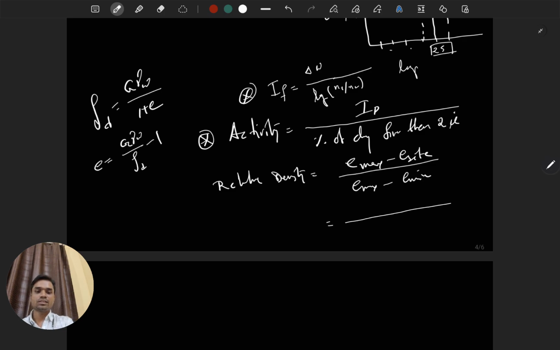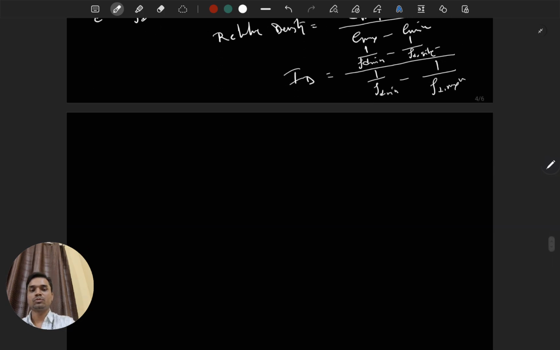Then we can write in the same way, e max means 1 by rho d minimum minus 1 by rho d at site, divided by 1 by rho d minimum minus 1 by rho d maximum. That's it. This is your relative density. Okay, let's move to the next topic.